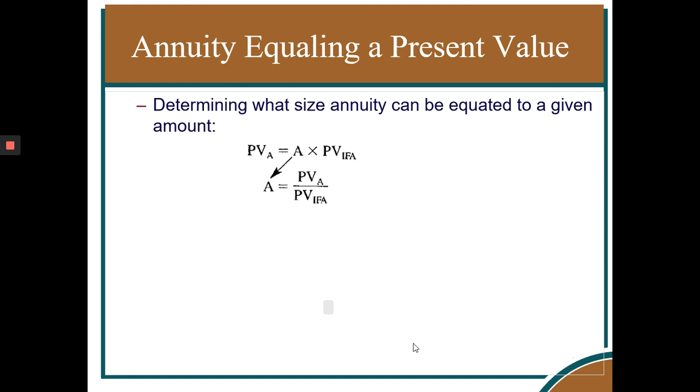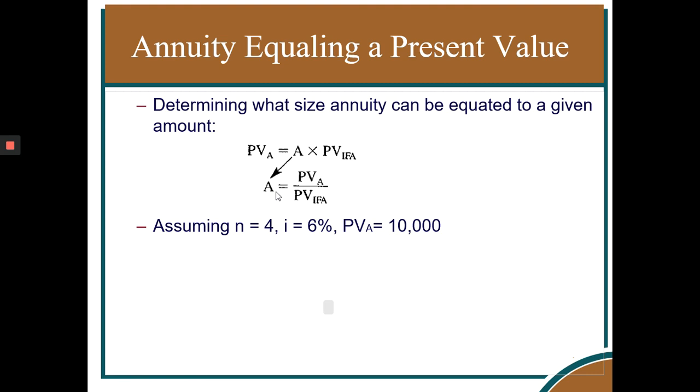So, determining what size annuity can be equated to a given amount. This is similar to the previous example. The difference here is that instead of using future value annuity, now we are using present value annuity. When the present value annuity and the interest rate are given, you are able to calculate the annuity.